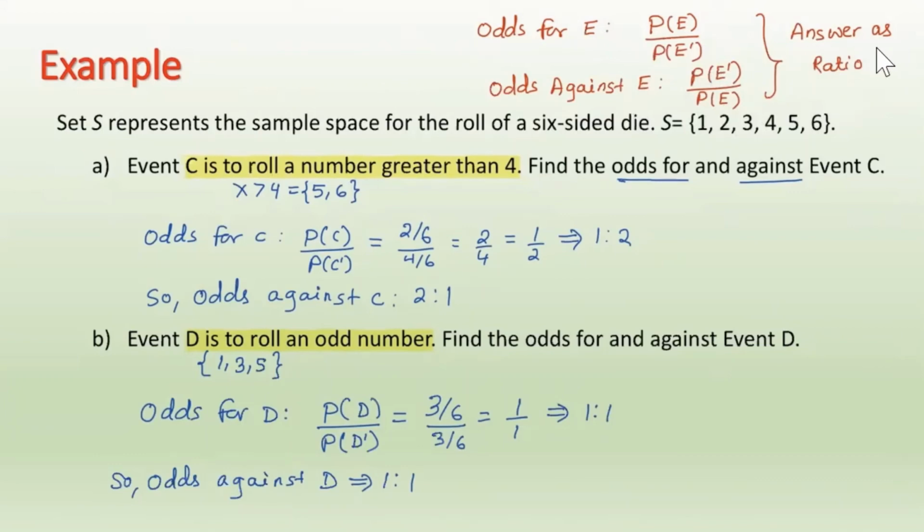That is something you need to remember. When you're calculating the odds, we write the answer as a ratio, not as a fraction or decimal. Do you have any question on that before we move forward to the last example? Please unmute yourself. No. Okay, we'll go to the last example then.